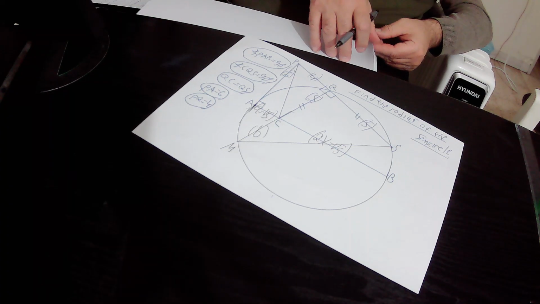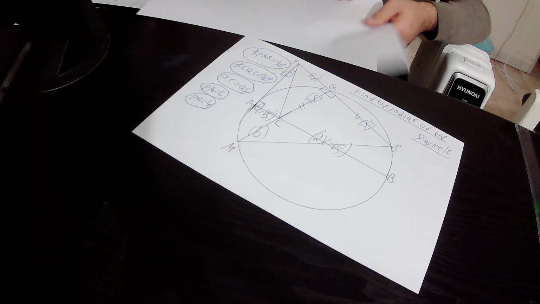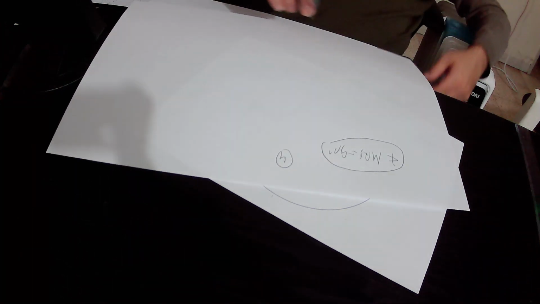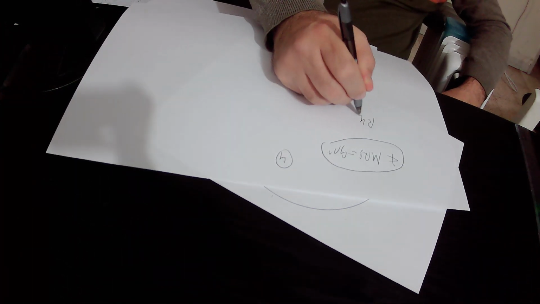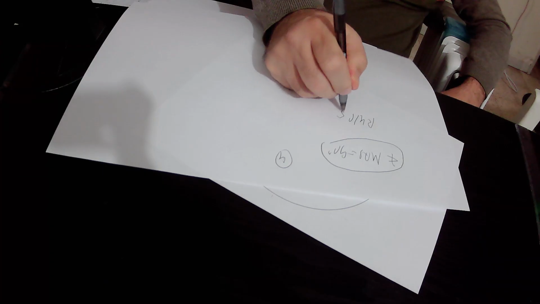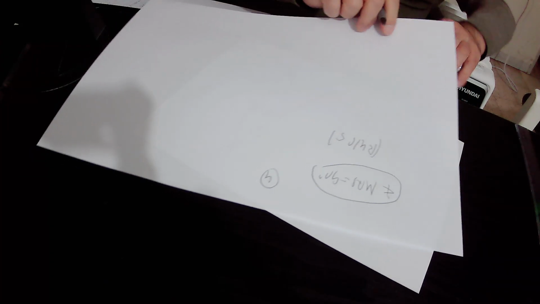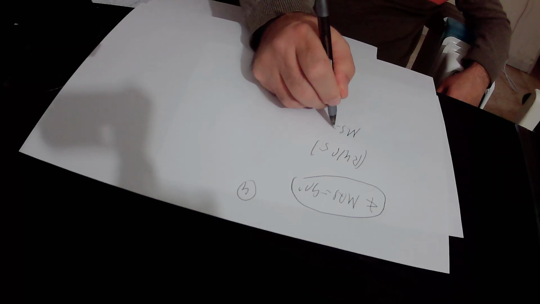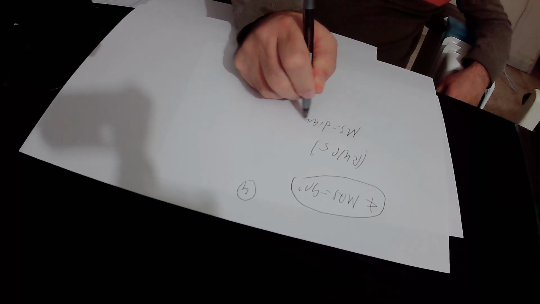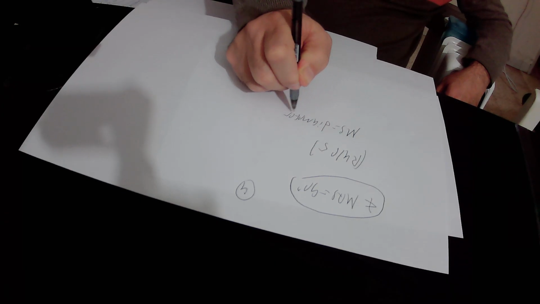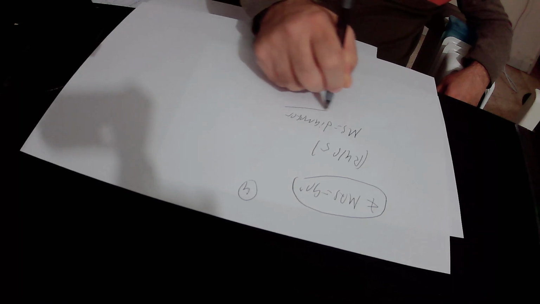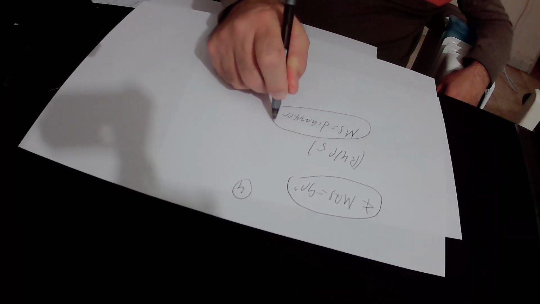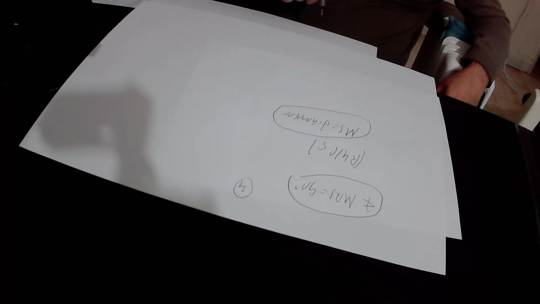So you can write here that according to rule number 5, MS must be the diameter of the circle, and also the diameter of the semicircle.